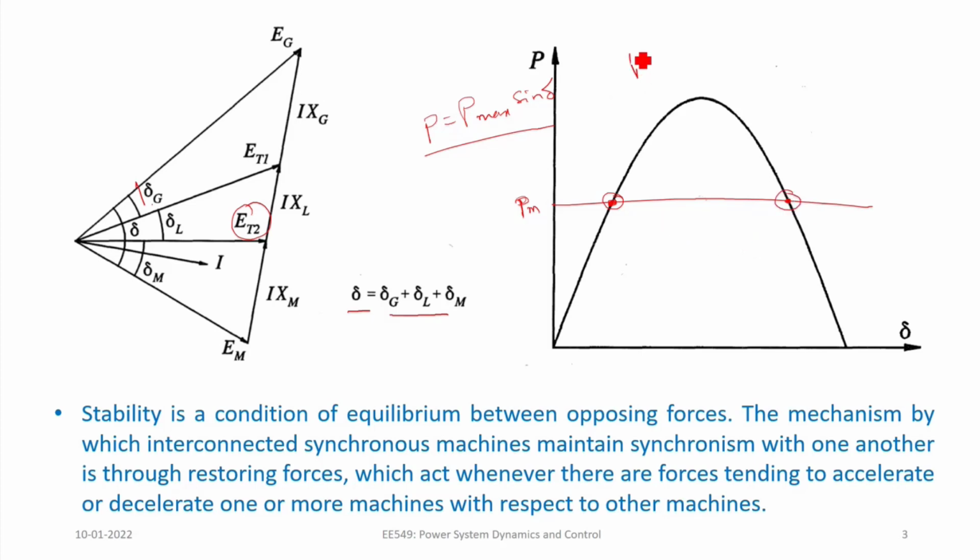Because that is where PM becomes equal to P. This is P. Okay, so these are the two equilibrium points. Equilibrium points are those points where the mechanical torque becomes equal to the electromagnetic torque developed in the system. So now we are getting two equilibrium points.